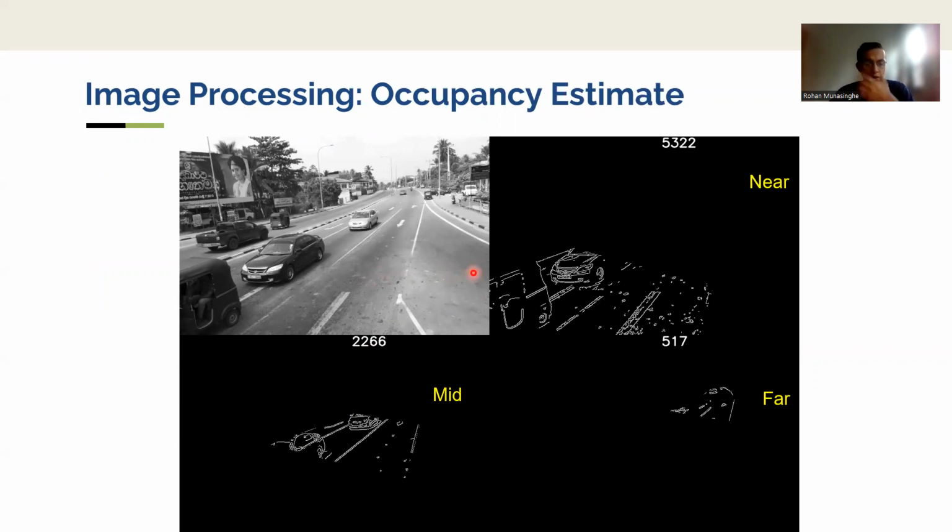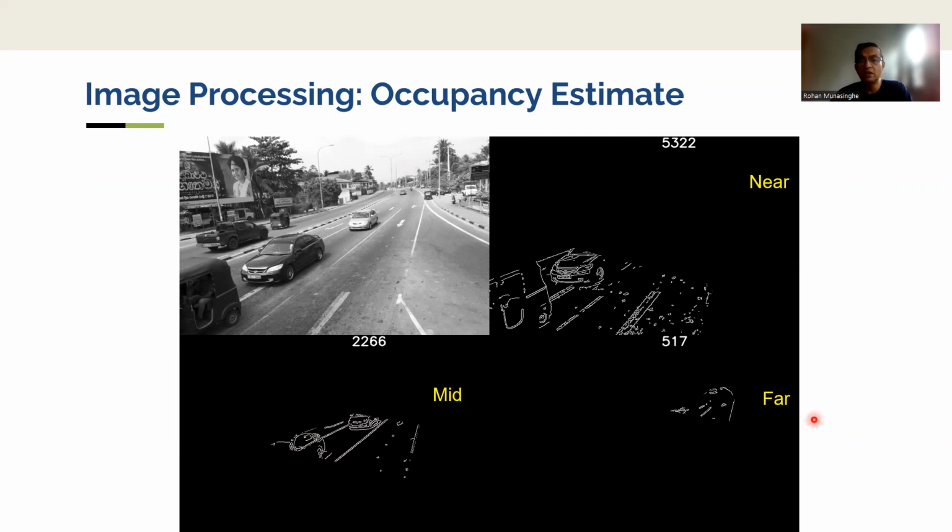Okay. So this is the near field. You can see these vehicles are captured. But in addition to that, these marks are also captured, and you get 5,322 pixels. This is the near field, and this is the midfield. There also you can see these cars generating edge pixels, but also the road marks.